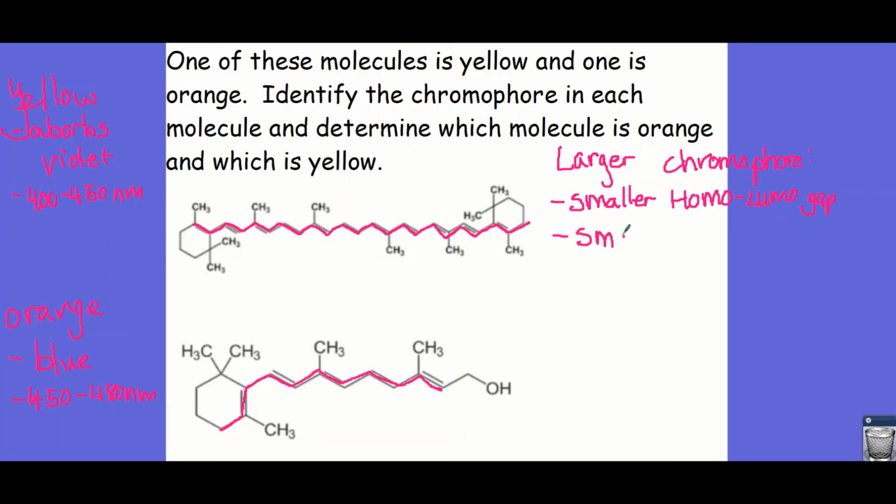It will require a smaller energy to promote an electron from HOMO to LUMO. And remember, a smaller energy refers to a longer wavelength.